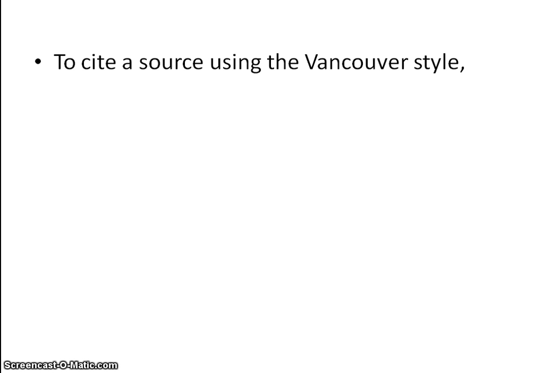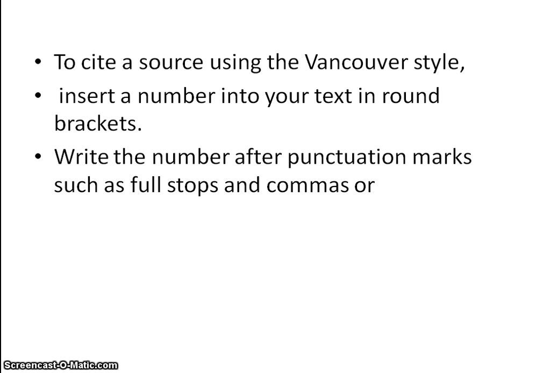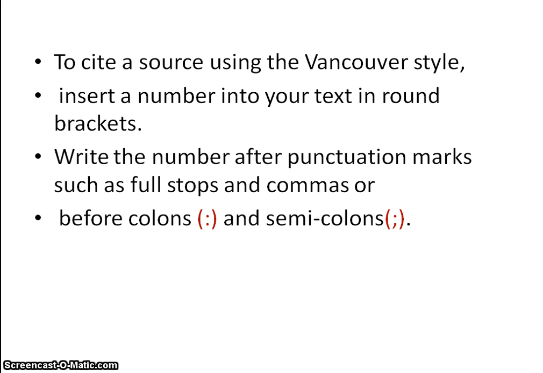To cite a source using the Vancouver style, insert a number into your text in round brackets. Write the number after punctuation marks, such as full stops and commas, or before colons and semicolons.